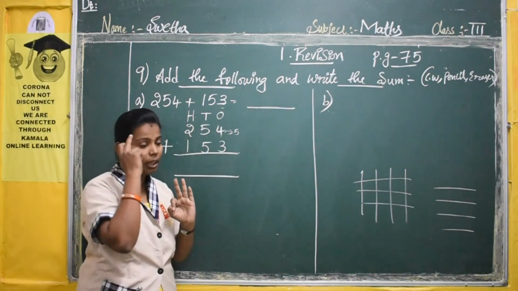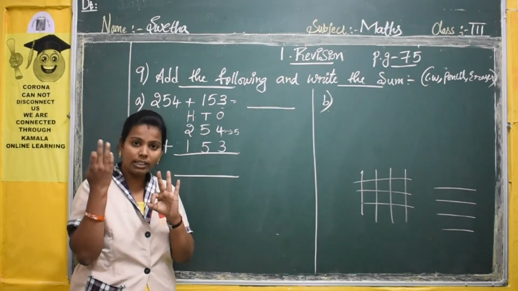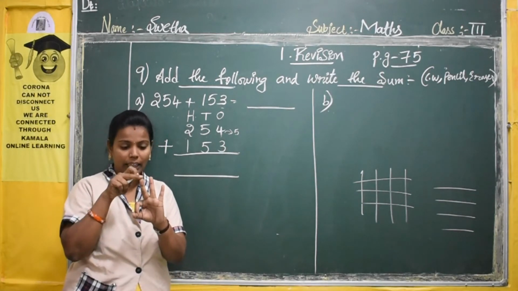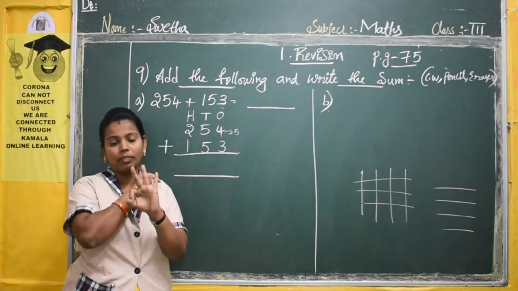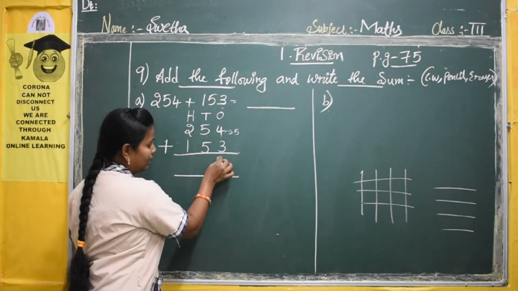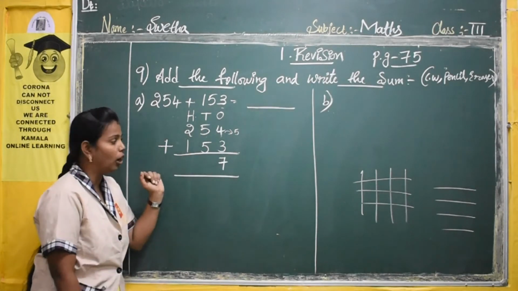So 4 in the mind, 3 in the fingers. After 4, 5, 6, 7. So what is the total of 4 and 3? It is 7. In the same way you have to do all the others also.